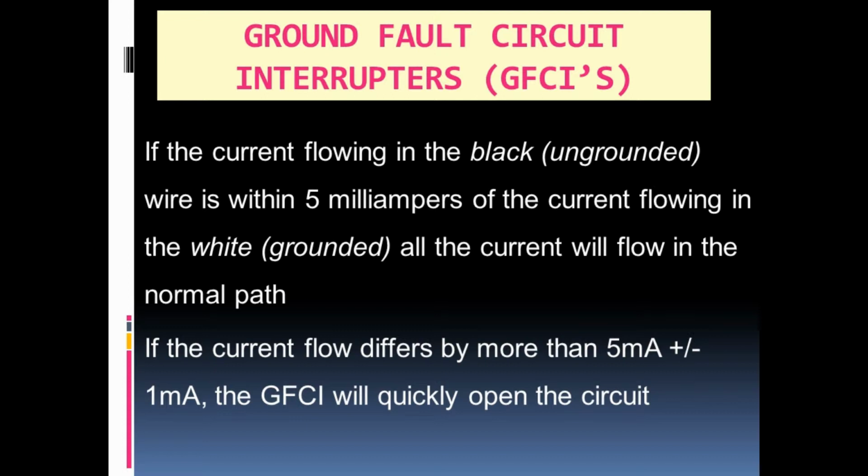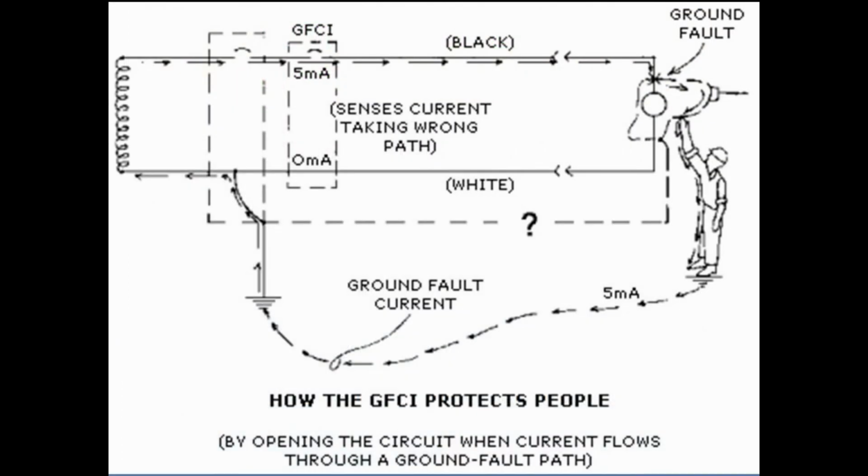If the current flow differs by more than 5 milliamperes, plus or minus 1 milliampere, the GFCI will quickly open the circuit. A diagram illustrates how the GFCI protects people by opening the circuit when current flows through a ground fault path.